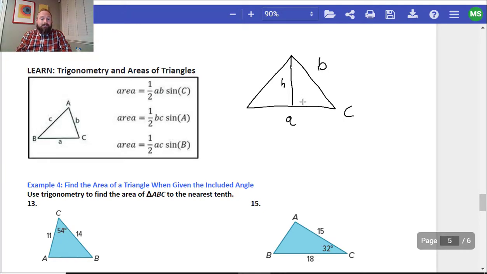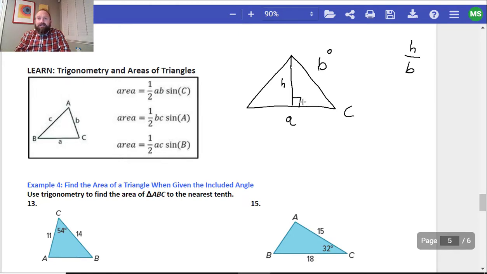So in this imaginary scenario, the sine of C would equal h over b because of a 90-degree angle right there. So this would be the height over whatever that b is equal to.